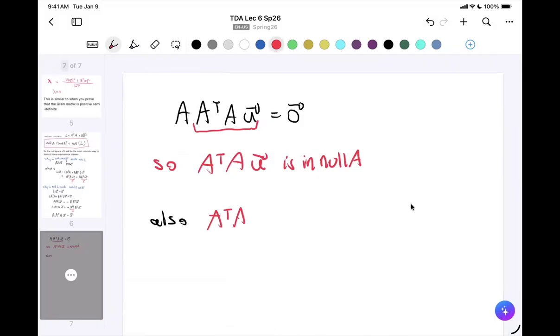But A transpose A of U is A transpose of A U, which seems dumb, right? But so it is for A transpose of something. So what that means is that A transpose A U is in the image of A transpose, or in the column space.